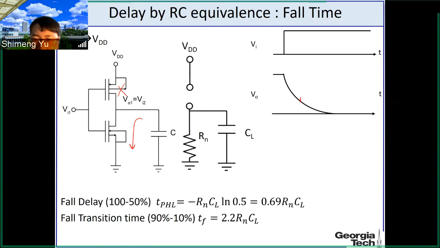This is starting from VDD to half VDD, and this is the TPHL. We can use the same method to calculate the TPHL, and the conclusion is very similar. It's 0.69 RC, and R is this RN, the NMOS pull down. So this is the same.